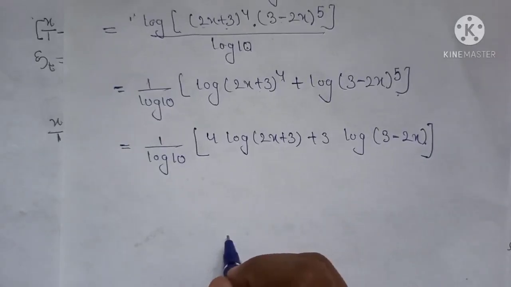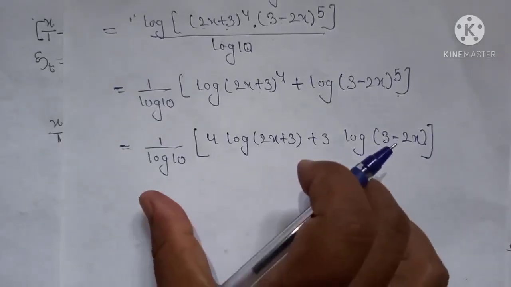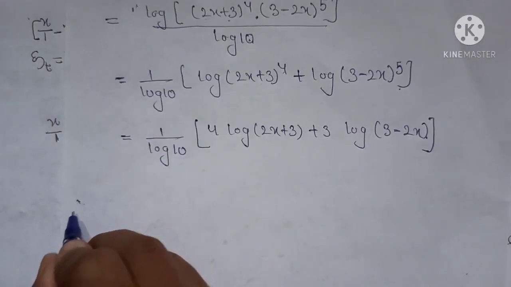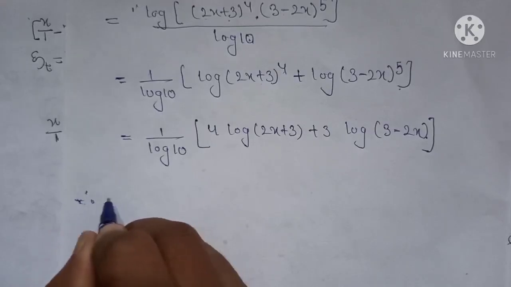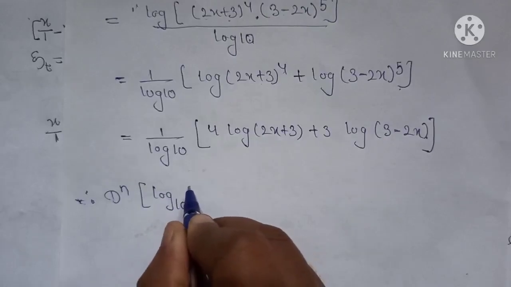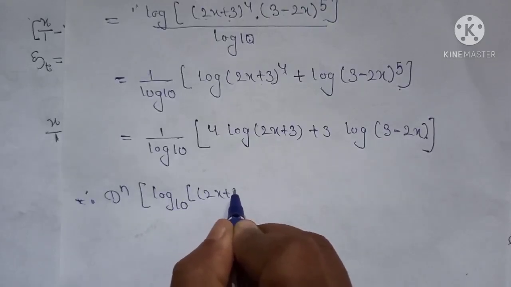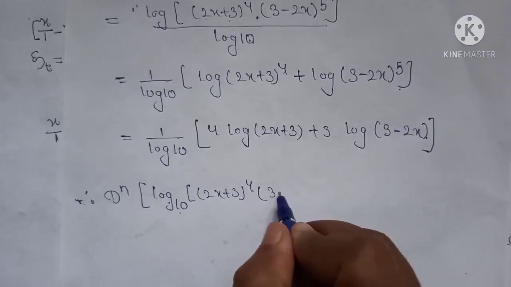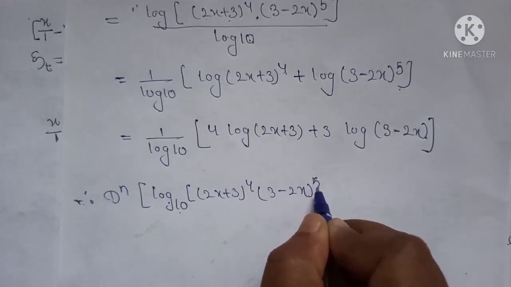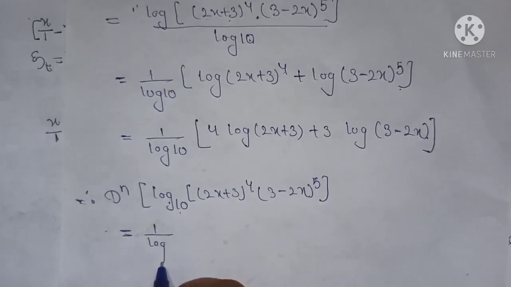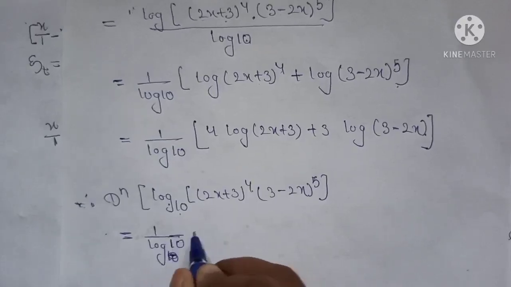Okay, now we can apply the log formula here. So applying the nth derivative, the nth derivative of the given function, log to the base 10 of (2x + 3) power 4 (3 minus 2x) power 5, is equal to 1 by log 10.